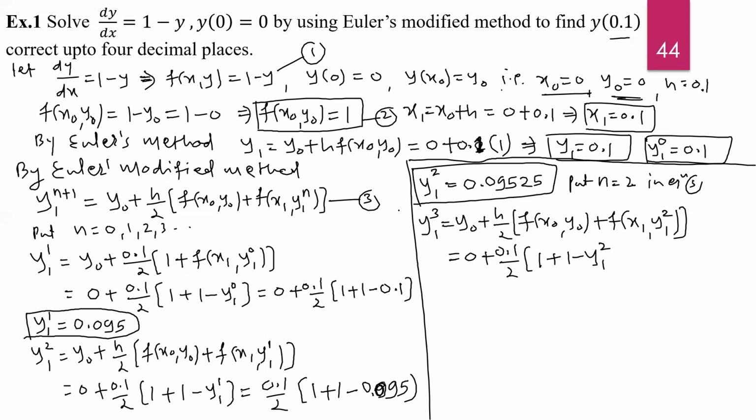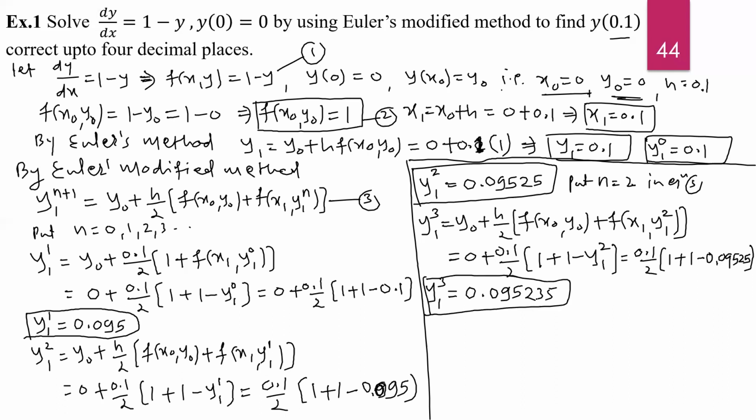The value of the function is 1 minus y, and y is y1 raised to 2. So 0.1 divided by 2 times 1 plus 1 minus 0.09525, and we get y1 raised to 3 is equal to 0.09525.